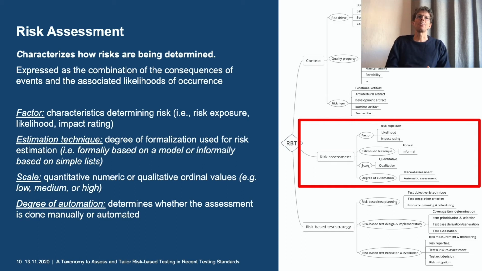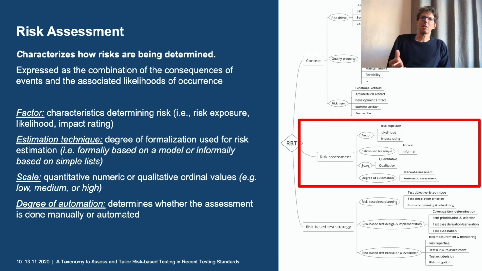Then we have the estimation technique. There might be formal methods like Bayesian networks or Monte Carlo simulation that allow you to do the risk estimation, and then we call it the formal approach. Or it could be based on lists or questionnaires, which is a more informal estimation technique.